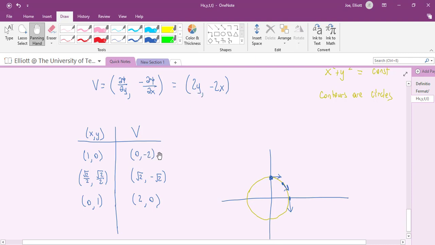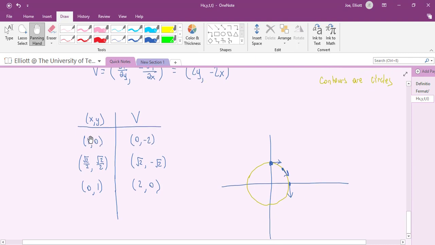So at the point 1, 0 in the xy plane, we would attach to that point the vector 0, negative 2. This vector points purely in the negative y direction, so it points purely downwards.